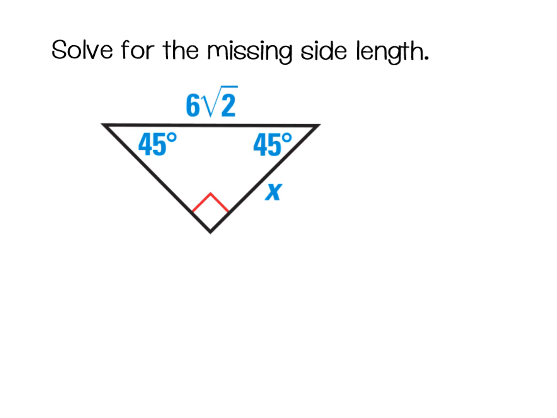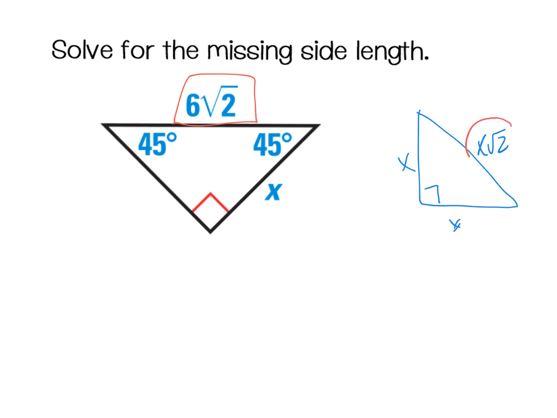In this example, I'm going to draw out a triangle again. We have x, x, and x radical 2. In this example, they give us the 6 radical 2. That 6 radical 2 is opposite of the right angle. Therefore, it is the hypotenuse. If I can work backwards and solve for x, that would be the leg. Because these are equivalent, I'm going to set them equal to each other.